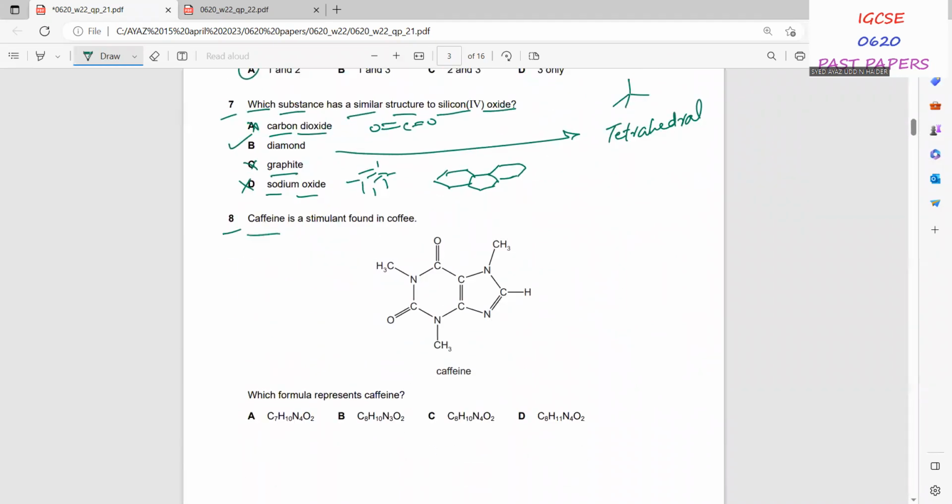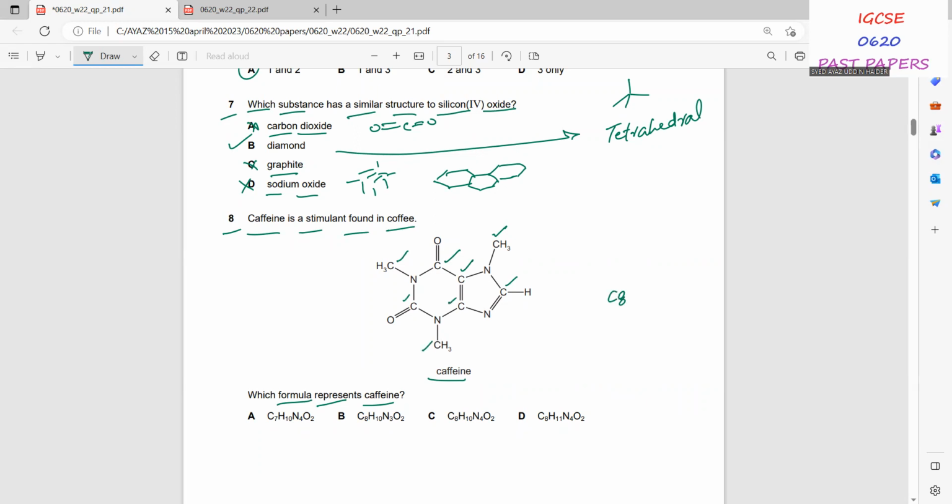Number 8, caffeine is a stimulant found in coffee. This is the structure of caffeine. Which formula represents caffeine? Now we'll count the number of carbon, hydrogen, nitrogen, and oxygen in this stimulant. Let's count the number of carbon atoms. 1, 2, 3, 4, 5, 6, 7, 8.